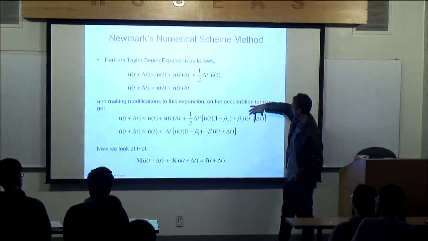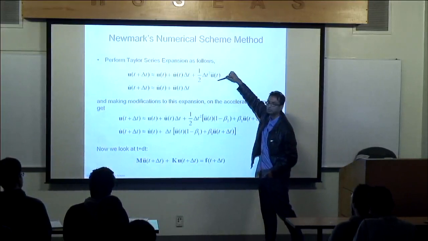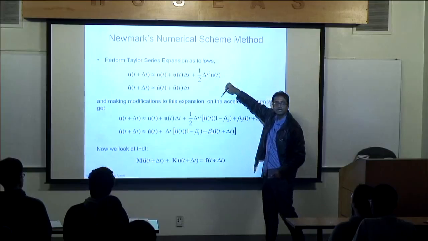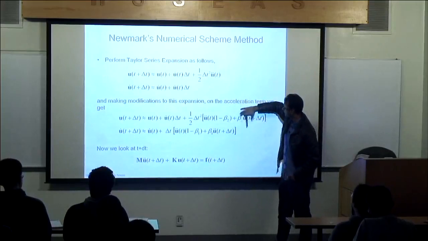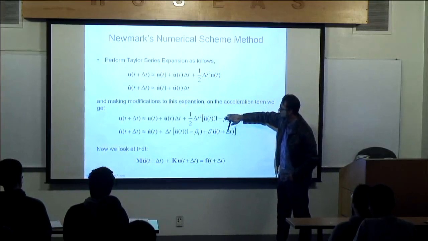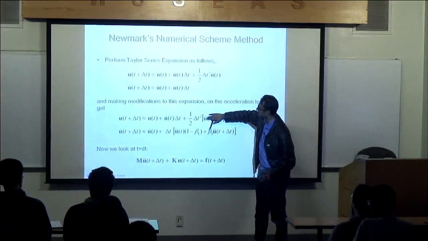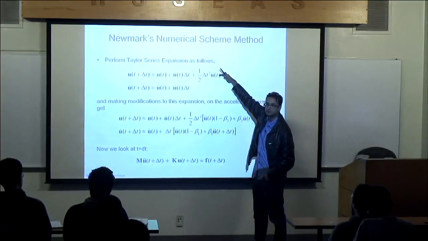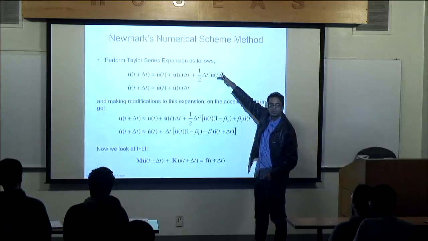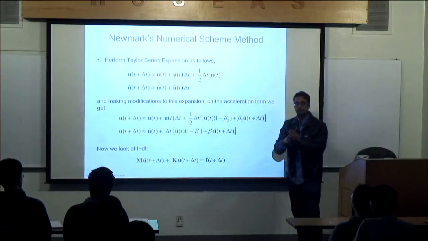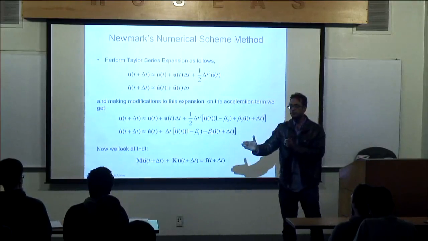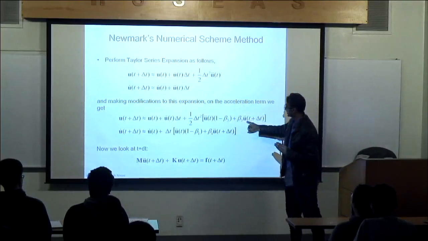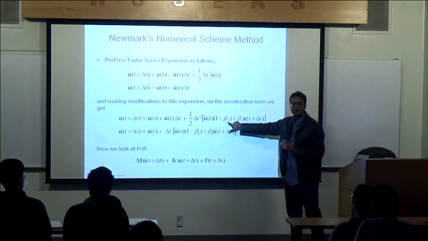So I'm getting a value here that goes into the future. You see what I'm saying? If I put beta equals 0, this term goes away. I have this term, so I recover the Taylor series expansion. So it's a trick so we can interpolate between the future and the present. That's what that beta 2 is doing right there. Any questions on that?